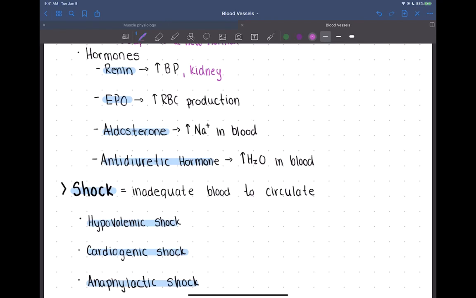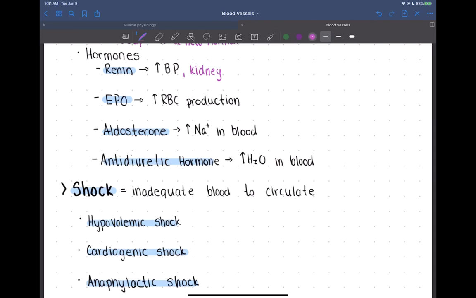You'll find out when we do the urinary system, the kidneys have a lot of control over blood pressure. Quite a few of these hormones are associated with kidney function. All right, so the kidneys need adequate blood pressure in order to filter that blood to make urine. Okay, so they can release renin when pressure is too low to be making urine, and that will increase blood pressure.